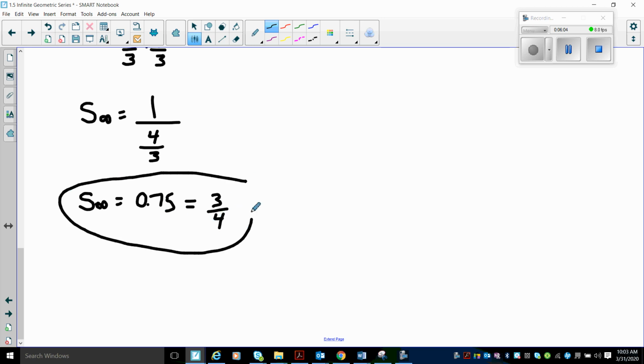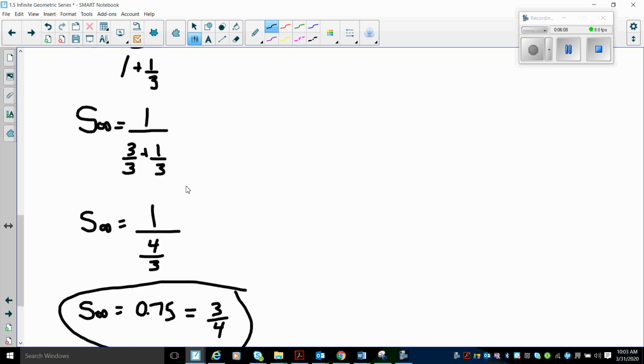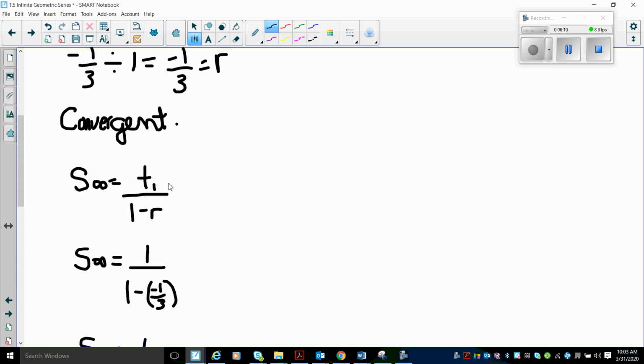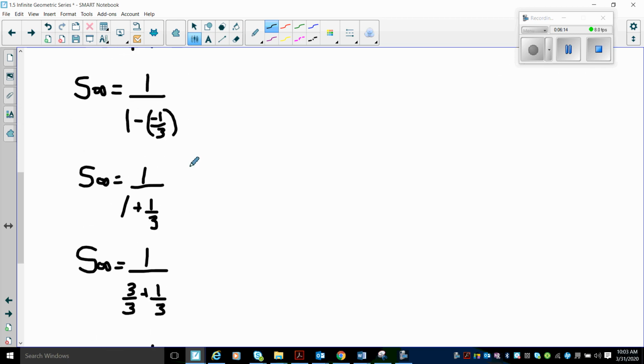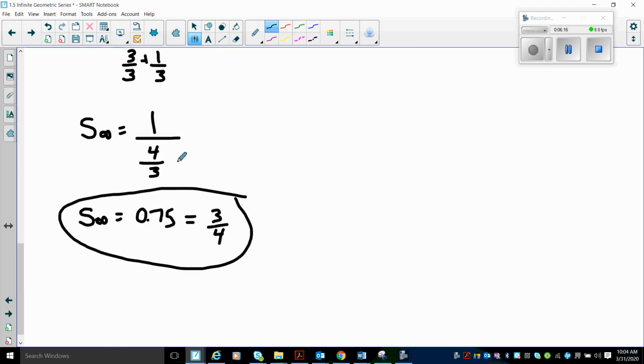So the sum of that series seems to be approaching 3/4 or 0.75. If we kept expanding this with the fractions, we would see that whether we did the sum of 4, 10 or 100 terms, the value is going to be super close to 0.75, roughly 3/4.